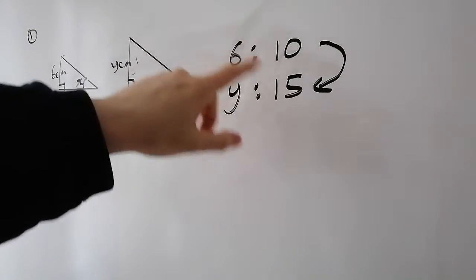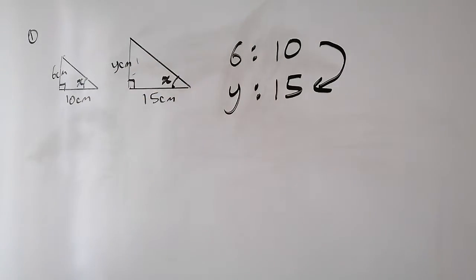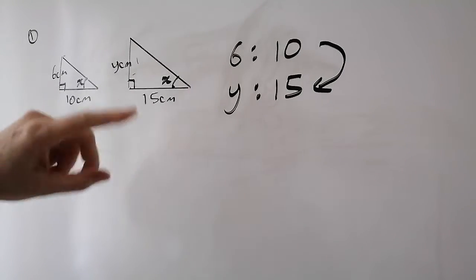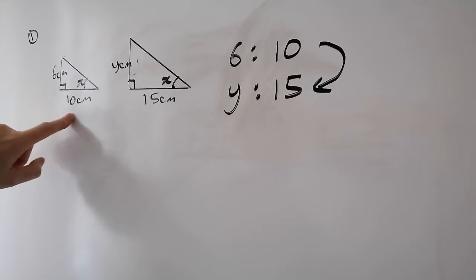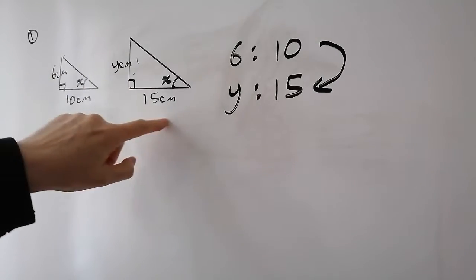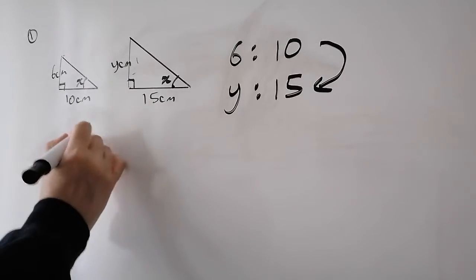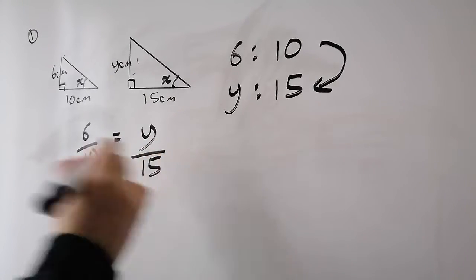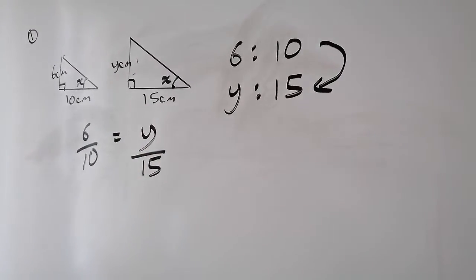If we just say, well, we add 5 to the 6 to make this, then that wouldn't work, because the triangles would then be out of proportion, because we need to see that 6 over 10 has got to be the same as y over 15. So that's a fractional way of writing this ratio.